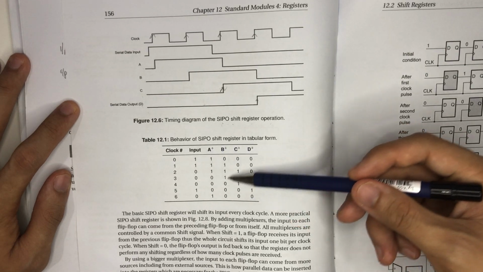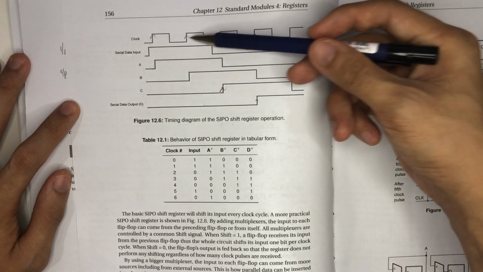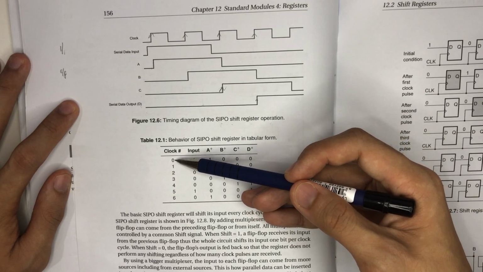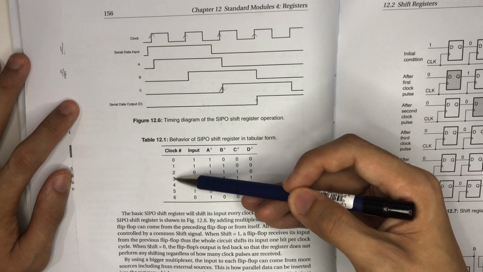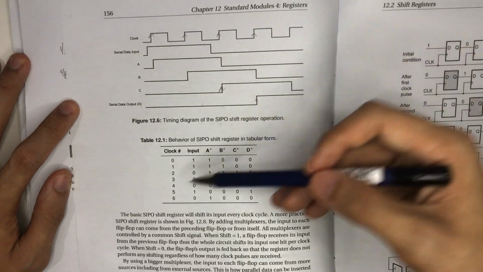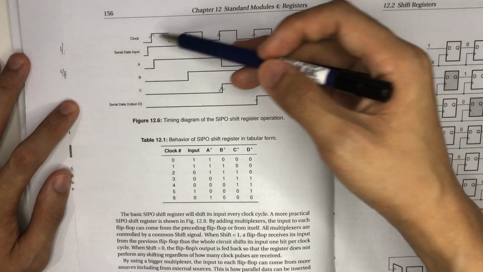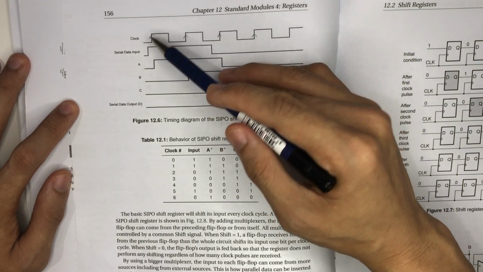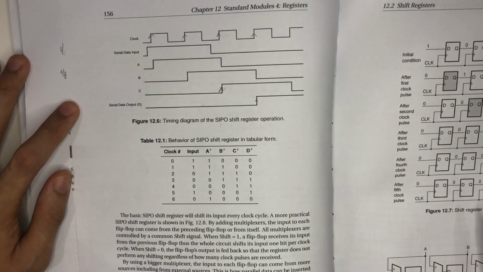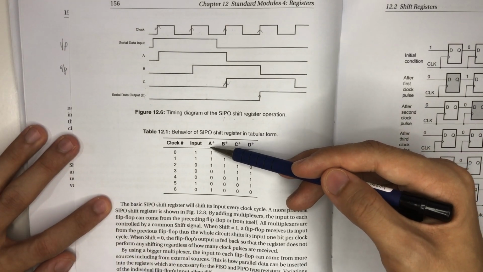Next, the behavior of the SIPO shift register in tabular form. This is just what I was explaining, put into a table. You see there is a clock: 0, 1, 2, 3, 4, 5, 6. This one is the clock, and this is A, meaning the next output.